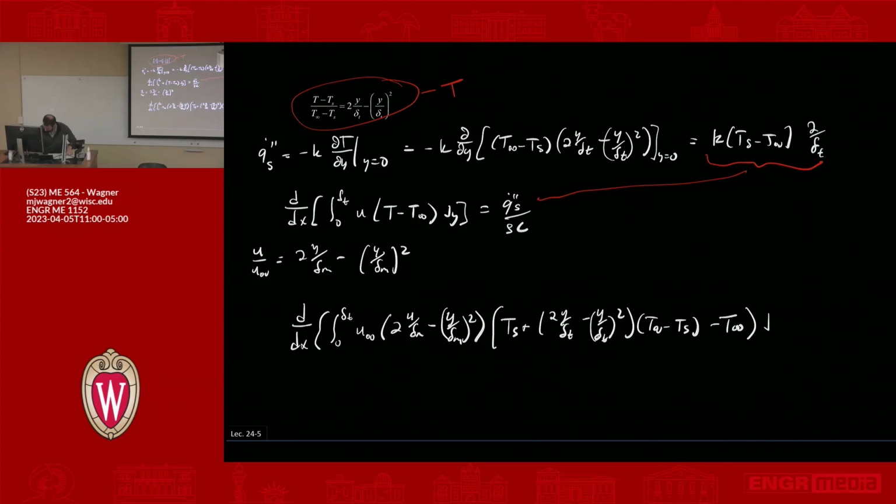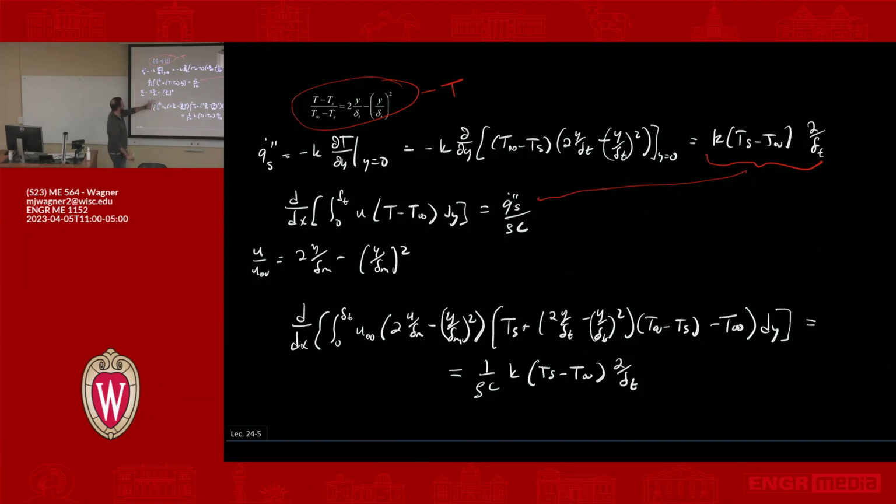Okay, all of that then dy. That was the end of the integral, and then that has to equal on the right-hand side 1 over rho c times conductivity k, Ts minus T infinity times 2 over delta t.